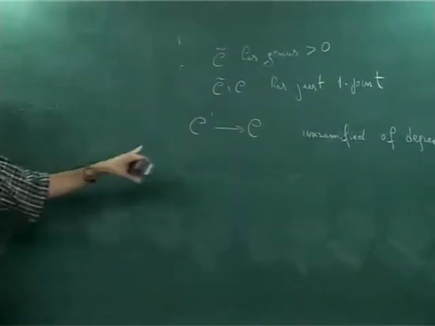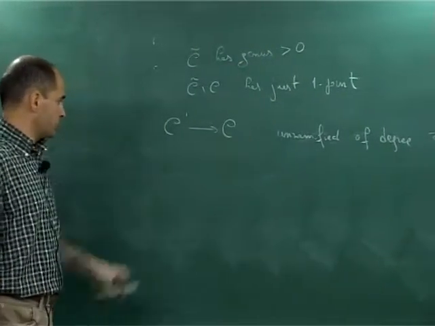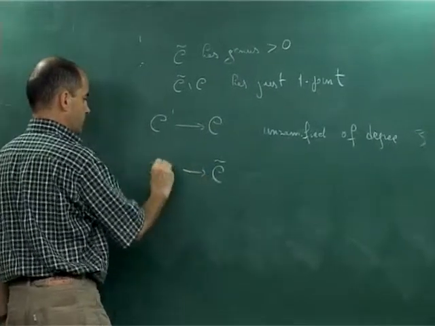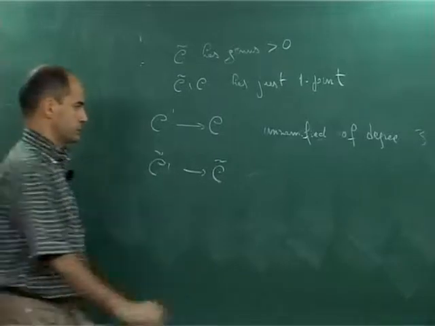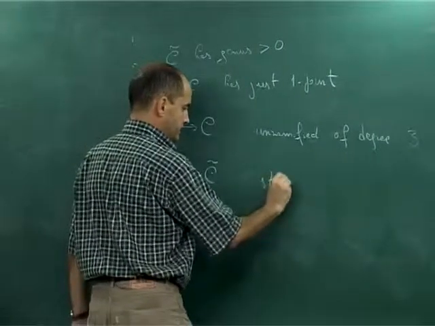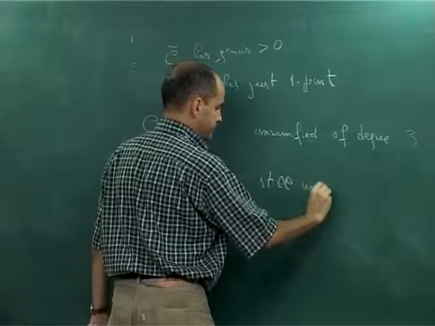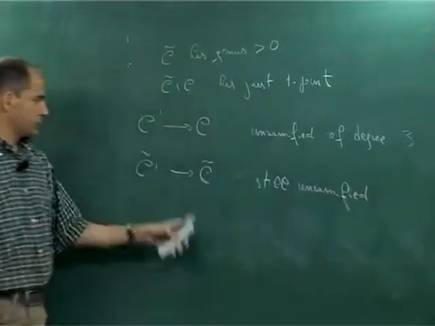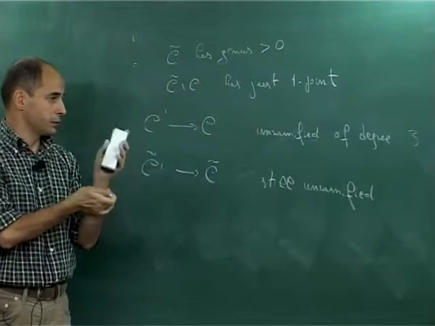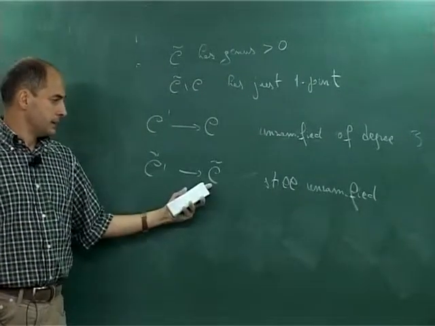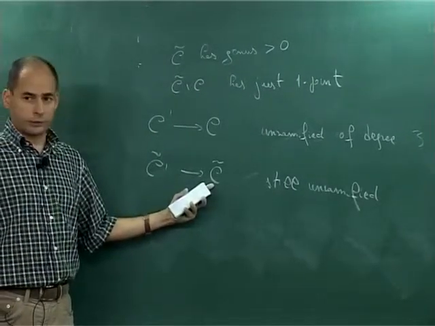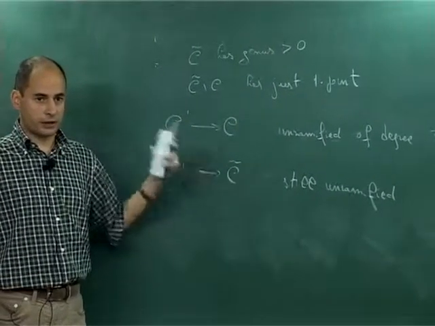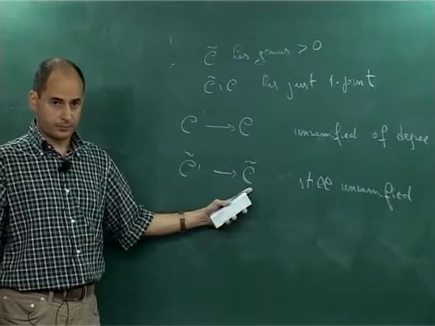also extends to an unramified cover of the completion, which is still unramified. This is a consequence of having strictly positive genus. So even if the complete curve is not simply connected, it has unramified covers of arbitrary degree, for instance, of degree 3.